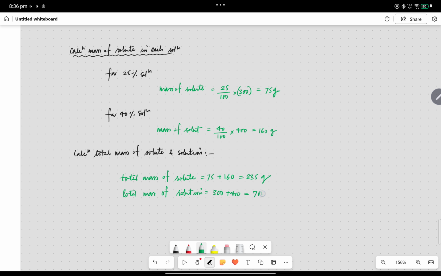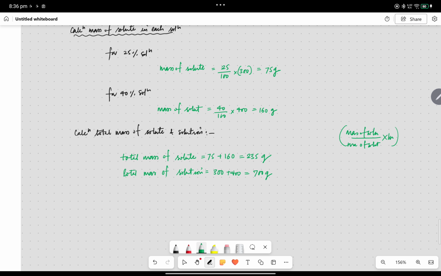So that is 700, because we have to ultimately go to the formula, that is mass of solute by mass of solution into 100, right? So for that we are going to do this.